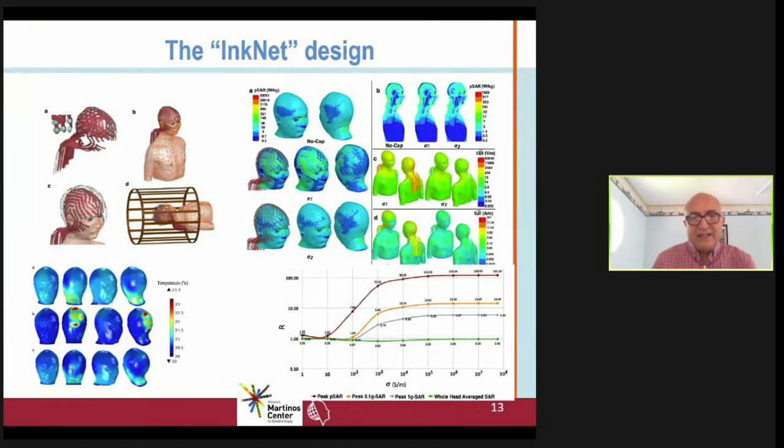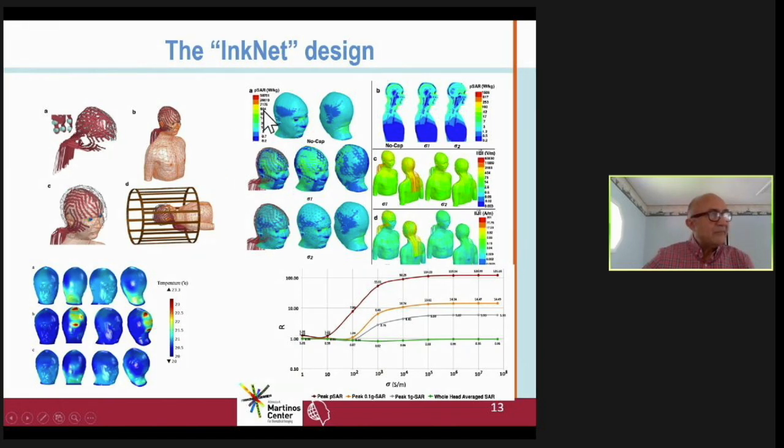This has been designed through numerical simulations, in which we use our head model, and we attach the InkNet on top of the head model. The head model also includes the shoulders, because the subject is placed into an MRI. And this is a birdcage coil.